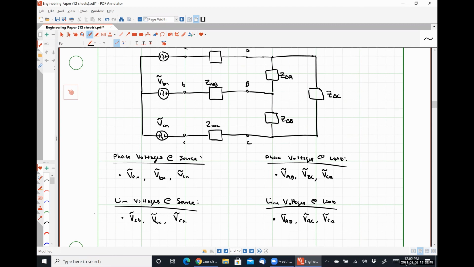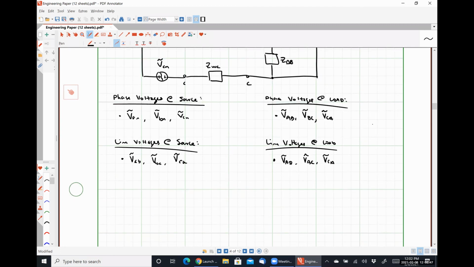Our line currents, by definition, are currents flowing through each phase of the transmission line.